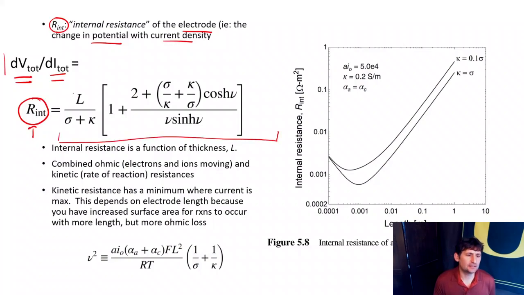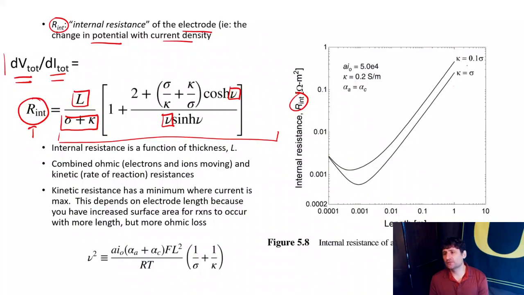Okay, and it's related to the length of the electrode and the conductivity of the different phases, as well as the kinetics. And so we can look at this, plot this internal resistance, and what you find is the internal resistance is at a minimum where the current passing through your cell is maximum for a given driving force.